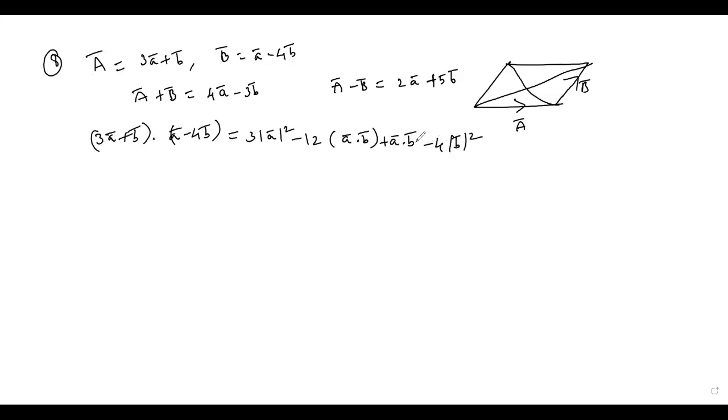Okay, now the values. Here mod A bar is already 6, given. 3 into 6 square, 36, minus 12 into the A dot B value, we can expand. What is the value here? Now the anti-parallel condition.